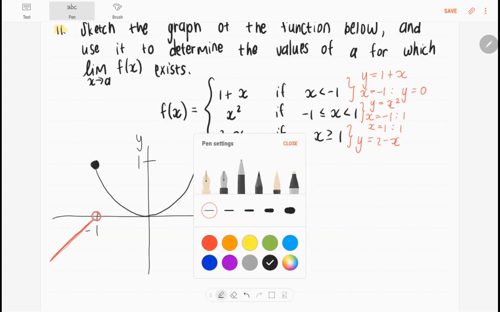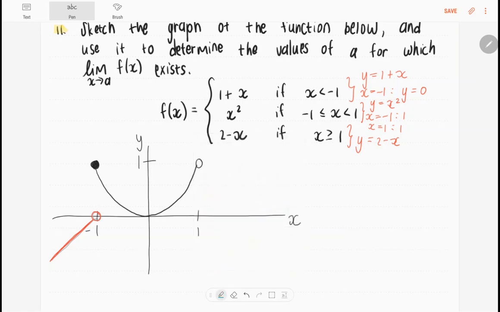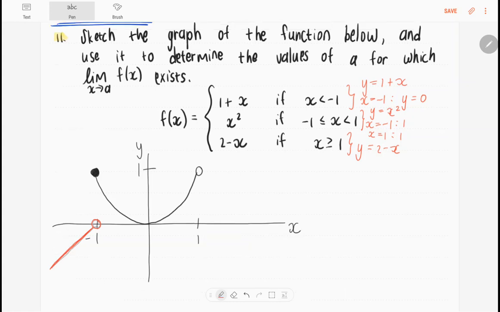Next, I now want to look at my last part of the function, which is 2 minus x. So 2 minus x is once again a straight line. And I forgot to complete this part earlier, but when x equals 1, we will have y equals 2 minus 1, which is 1.